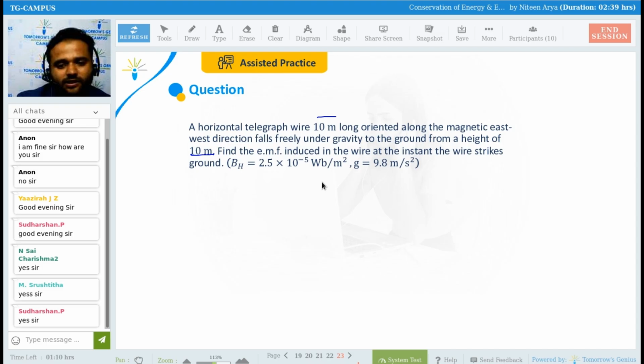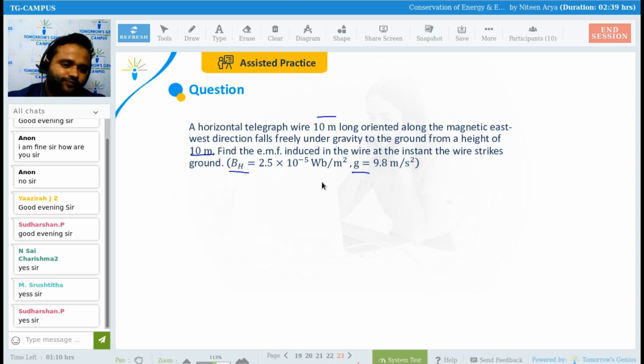Find the EMF induced in the wire at the instant the wire strikes the ground. BH is given, g is given. Do a little calculation. Think which formula we need to use, and then find the EMF. As simple as that. Clear?